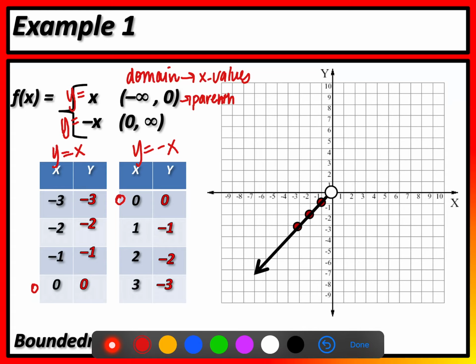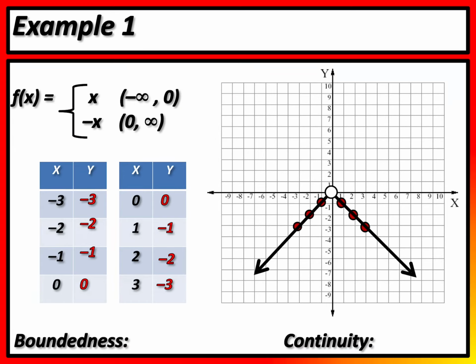So I still have an open circle on 0 that has not been filled in by the second function. Now this is my completed piecewise graph. It does overlap at 0, however it overlaps at an open circle, so that's remaining that way.